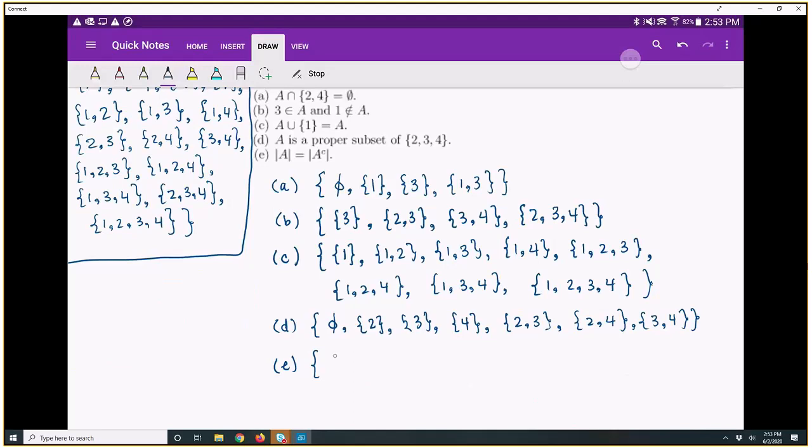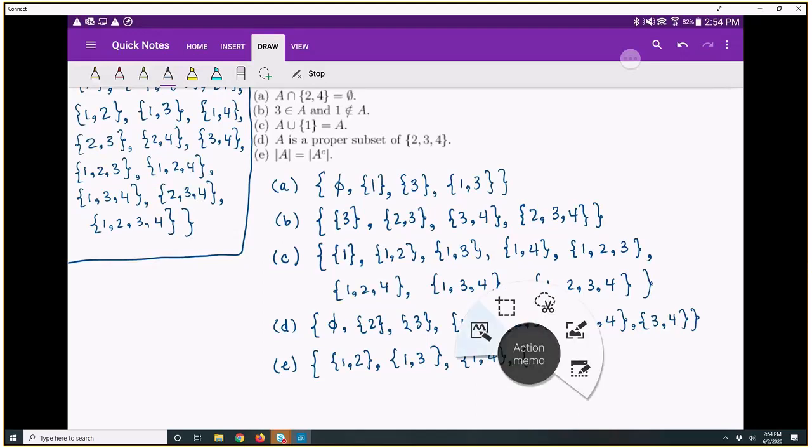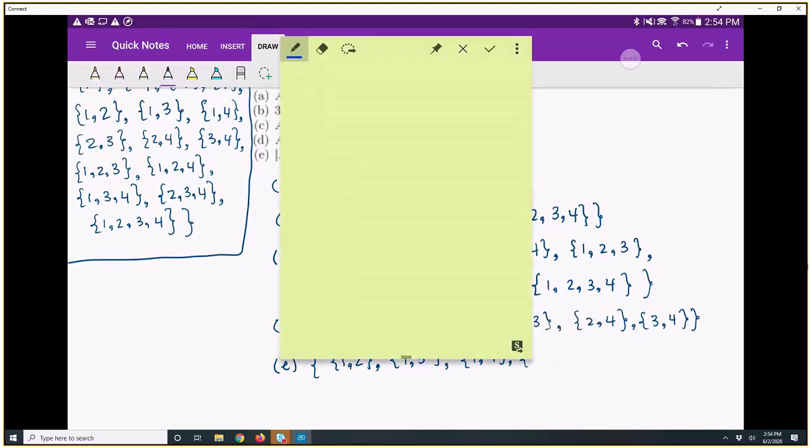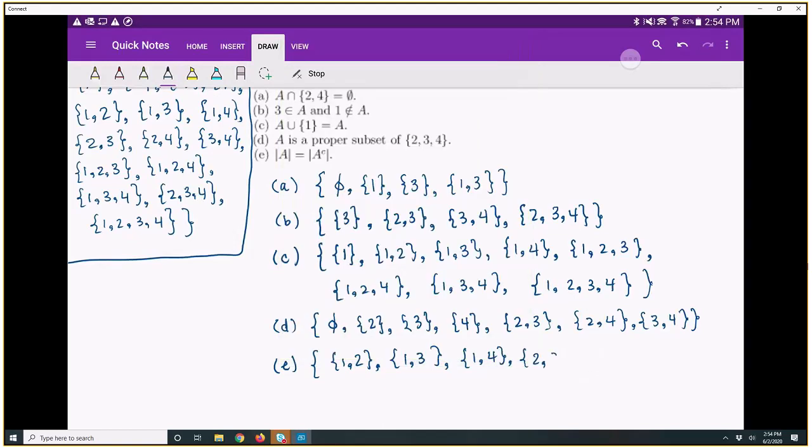So these are going to be the sets {1, 2}, {1, 3}, {1, 4}, {2, 3}, {2, 4}, and {3, 4}.